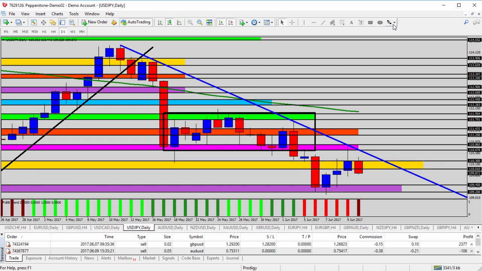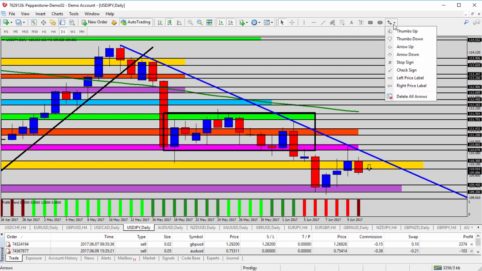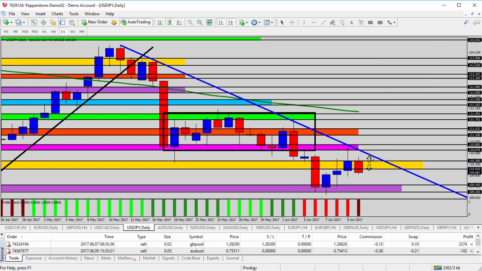As long as it's underneath it, I think the downtrend is still the main focus here for this currency pair. Only if we get above that yellow shaded area would we look for some sort of change above the blue trend line as well. So if you're focusing on the dollar yen early this week, you're selling underneath 110, 110.30.